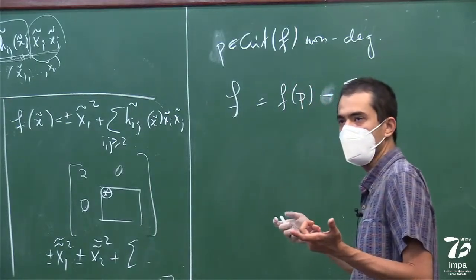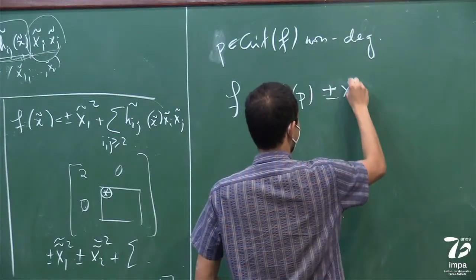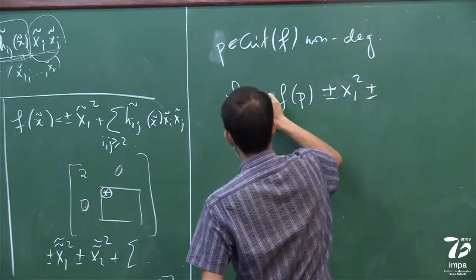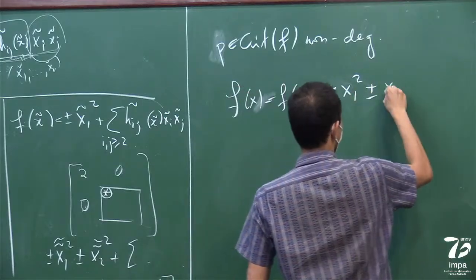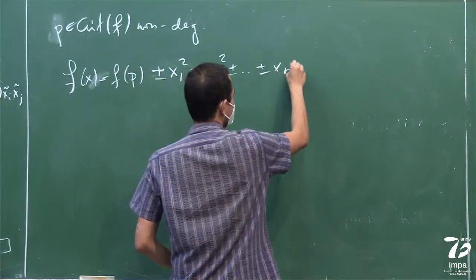You can change the order, but what we proved is that you have plus or minus x1 squared, plus or minus x2 squared, etc., plus or minus xn squared.